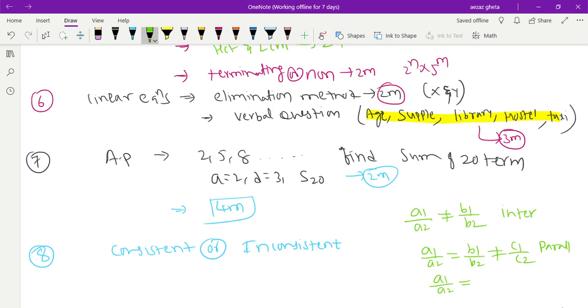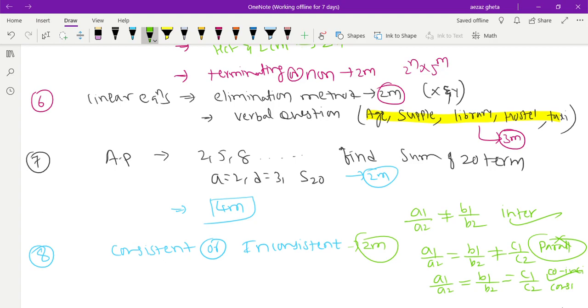If a1 by a2 is equal to b1 by b2 equals c1 by c2, then it is coincident, and again it is consistent. Here consistent, here consistent, and it will be inconsistent here. So this question will compulsorily come for 2 marks.